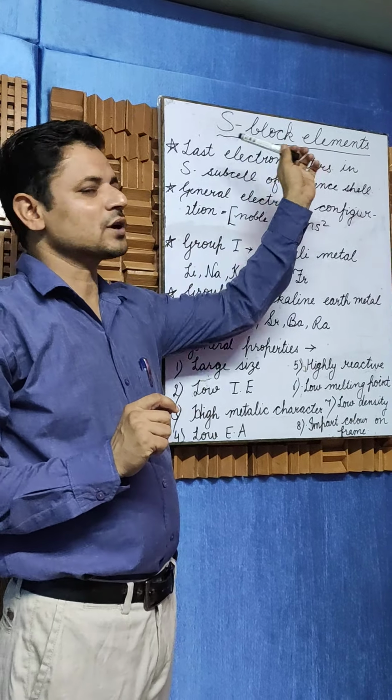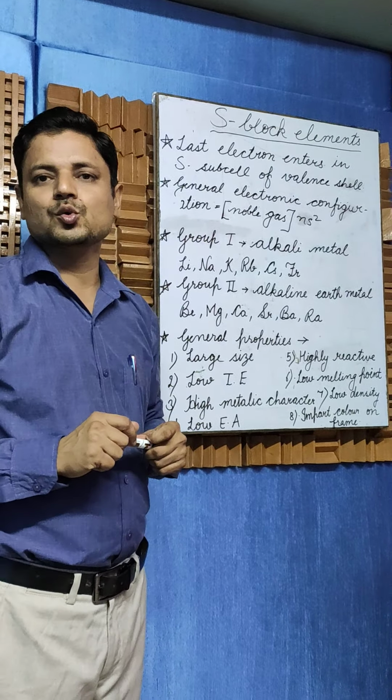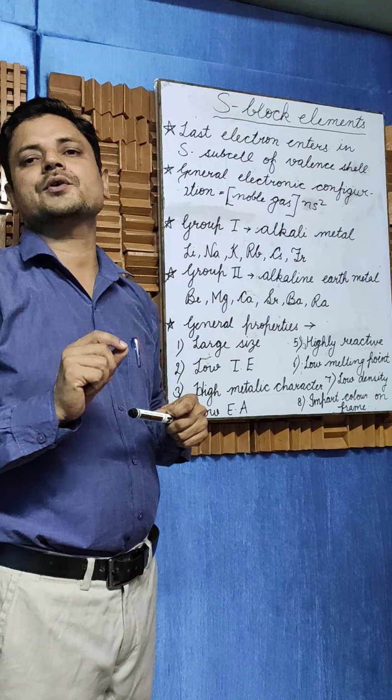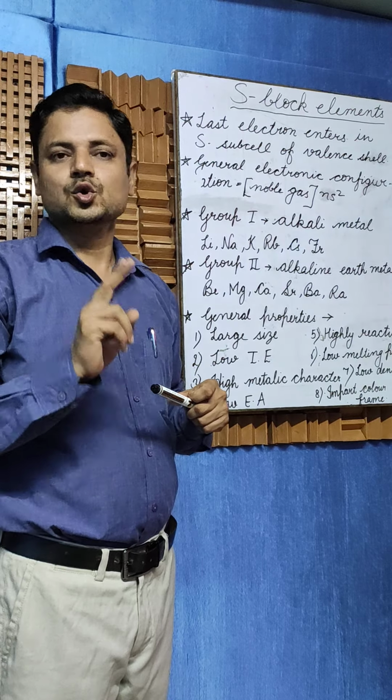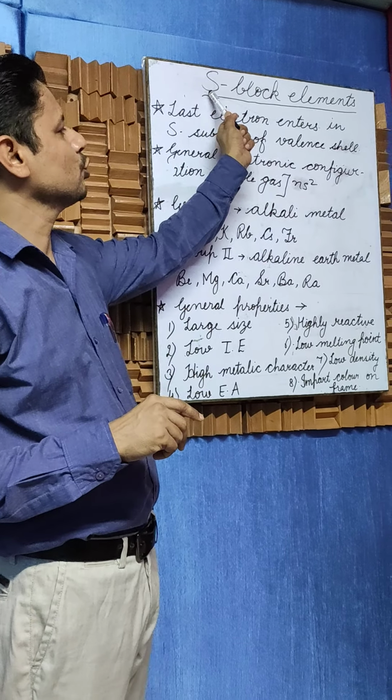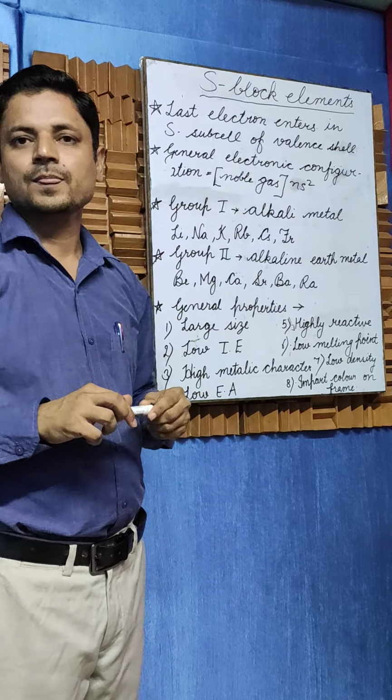The whole S block elements are divided into two groups. Our periodic table has 18 groups, out of which 2 groups are assigned to S block elements.